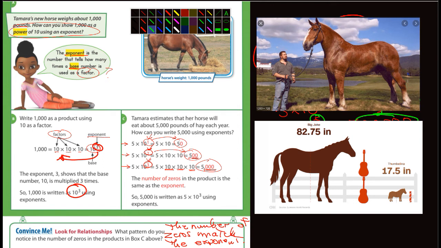But the tallest horse in the world, and I think this was taken in 2018, is Big Jake, 82.75 inches tall. And the smallest horse was Thumbelina, and she's 17.5 inches tall. I thought that was kind of interesting. I was curious about the biggest and the smallest horse there. So now you know.